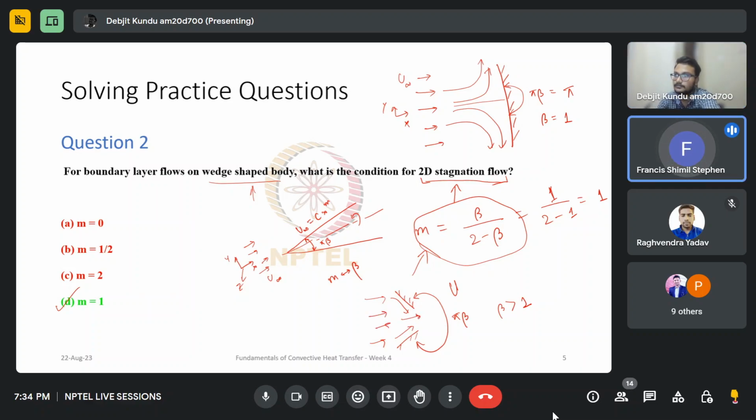If the wedge angle is given, then beta will be changing correspondingly, and we will have different values for m. Okay, so that's the gist of this kind of problem. Any other questions? Okay, good. So we will keep moving on.